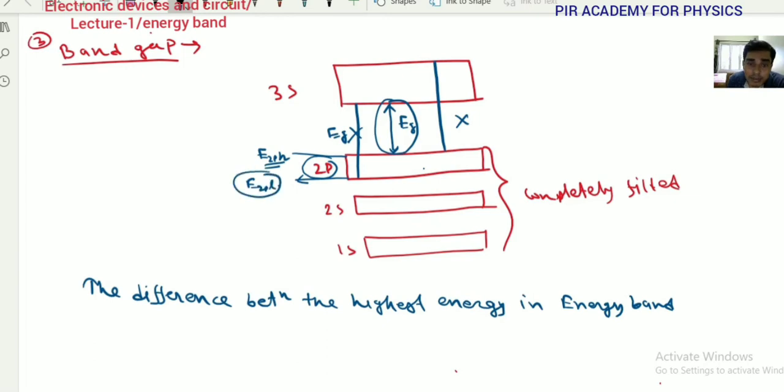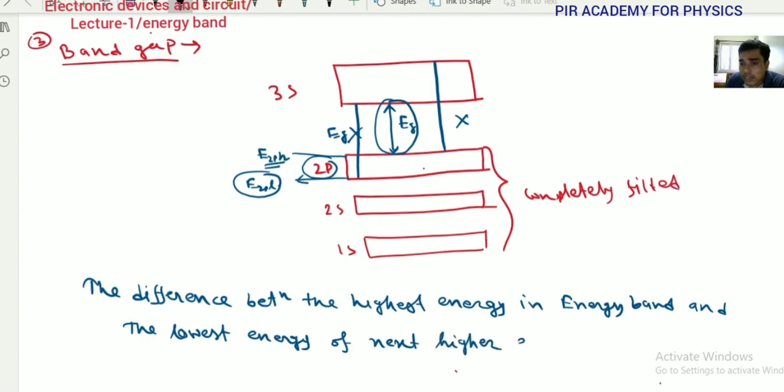Here, the band gap is the difference between the highest energy in an energy band and the lowest energy of the next higher energy band. Here the next higher band is 3s. This is the lowest energy of 3s, and this is the highest energy of 3s.